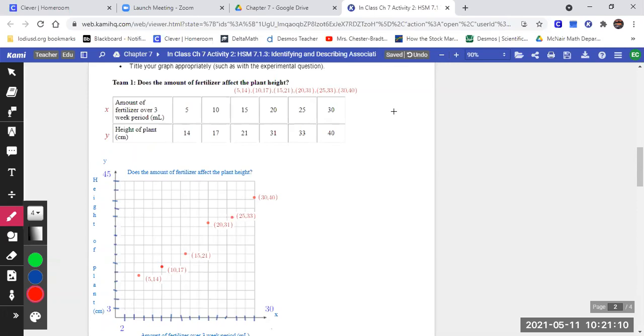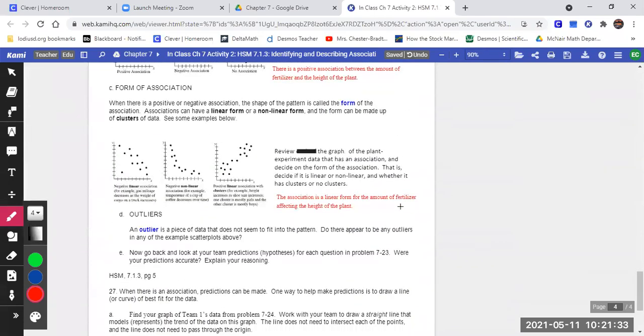We expected growth and all of a sudden it gets smaller. We expected a little bit of growth and it's way up here. Okay, so outliers are entirely off the pattern. In general, ours are flowing along the same pattern within reason, right? So we do not have any outliers in our situation.